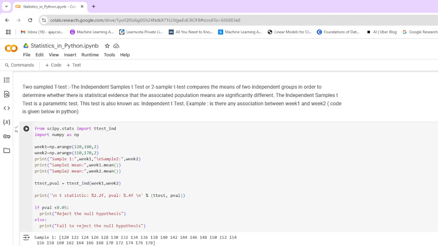So 149 and 139 are the two sample means we have, and here we reject the null hypothesis that the two means are similar.